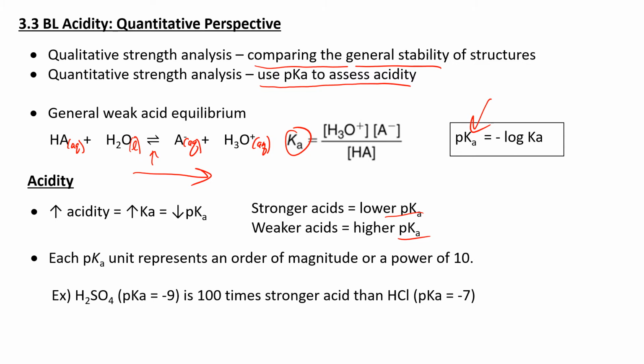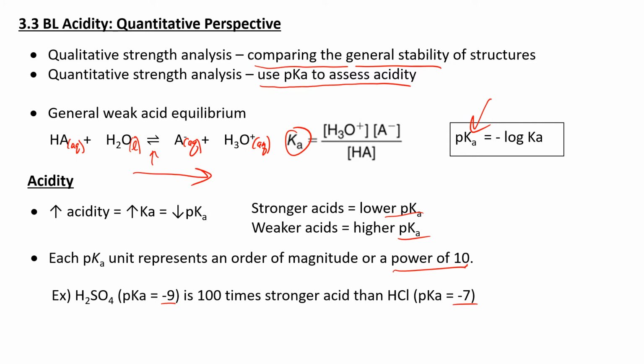Now, each pKa unit represents an order of magnitude, or a power of 10. So let's take a look. Sulfuric acid has a pKa of -9. HCl has a pKa of -7. H2SO4 is 100 times stronger than HCl. So if you wanted to calculate this, you would just take the difference between -9 and -7. That's 2.